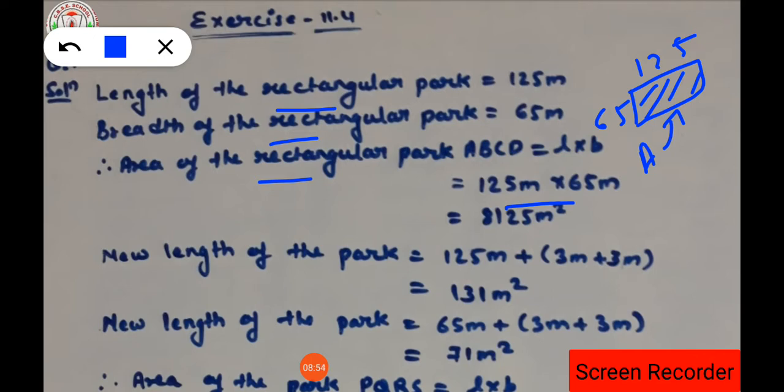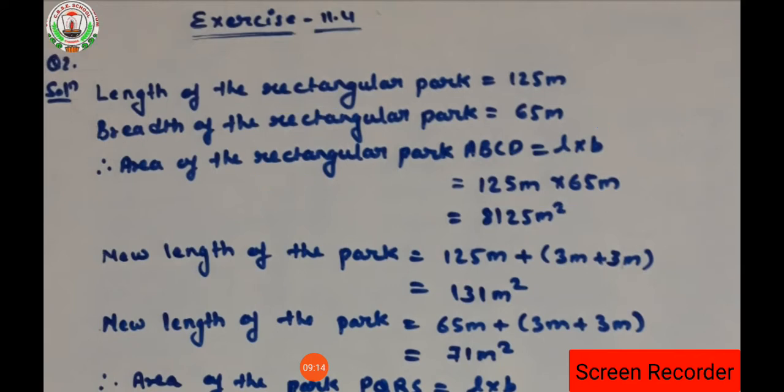Meter into meter will be meter square, and 125 multiplied with 65 gives the required answer, 8125 meter square. Clear, everyone? Hope you understood what I am saying.